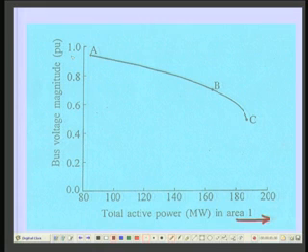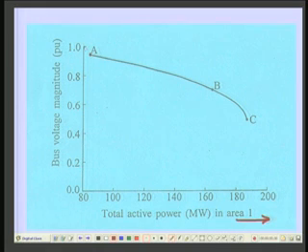Now, while plotting this VP curve, the load power factors at the buses are assumed to be constant. As they are increasing P, you may increase the value of Q correspondingly also. Now, here 3 points are identified.